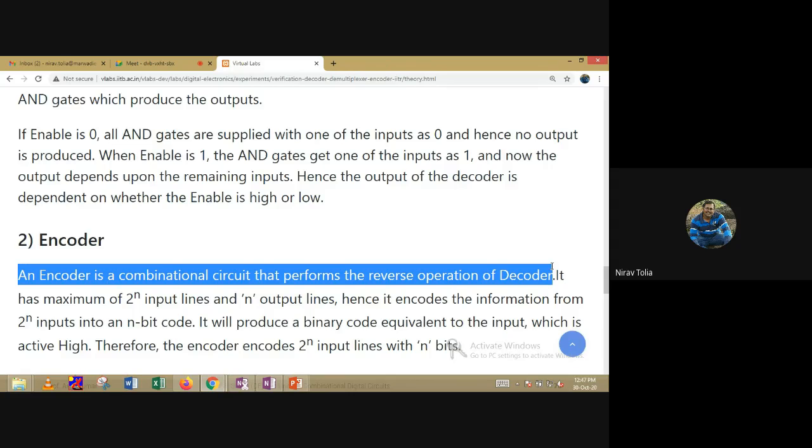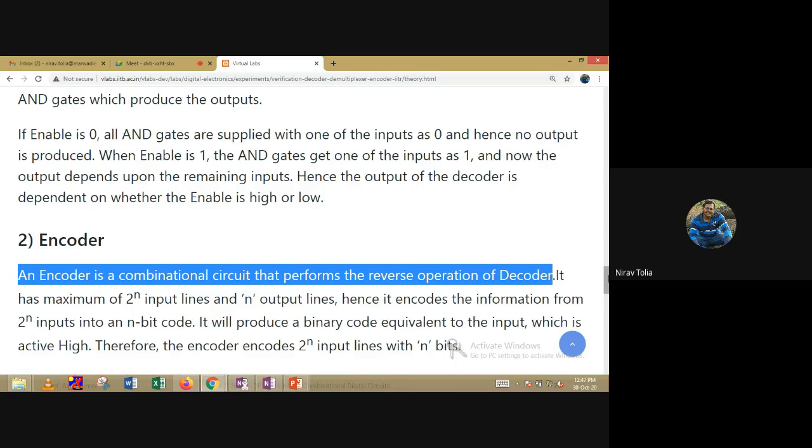So this is the function of the encoder. The encoder is the device which converts a familiar number or a symbol into a coded format. So it will do the reverse operation compared to the decoder.